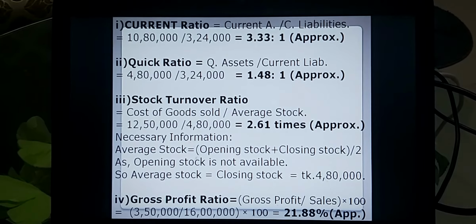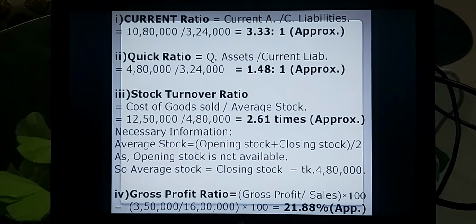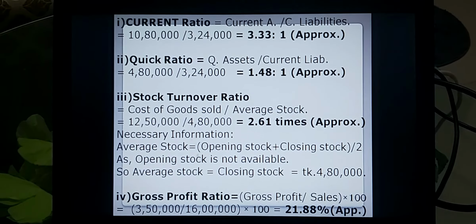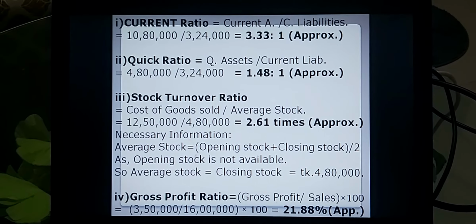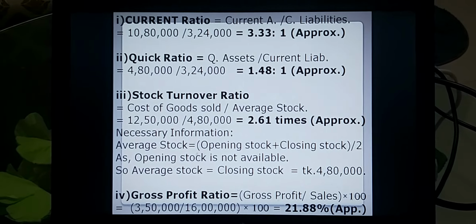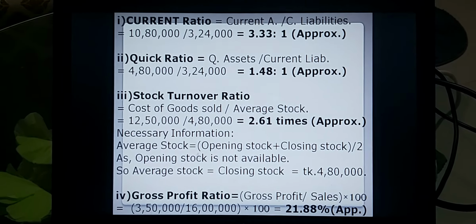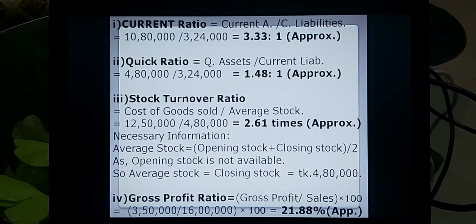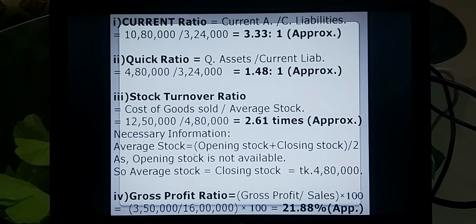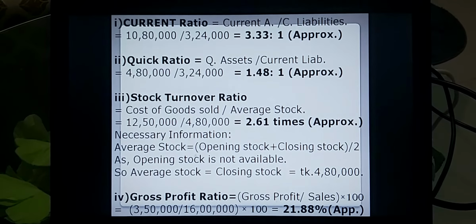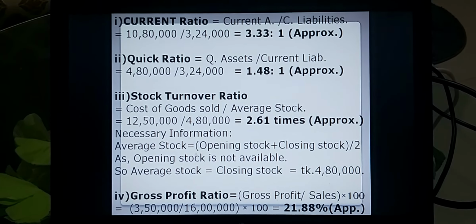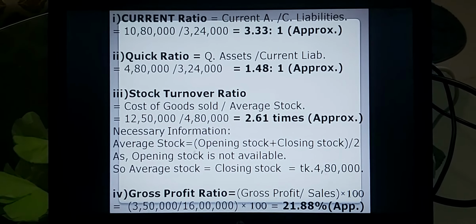In requirement C, another ratio is available, gross profit ratio. This is a very easy formula for you, I think. Gross profit ratio is equal to gross profit divided by sales into 100. Gross profit we can take from requirement B. Gross profit is taka 3,50,000 from requirement B, and sales, in other information of this stem, taka 16 lakh for sales amount.